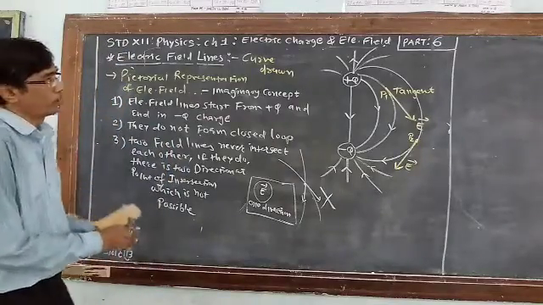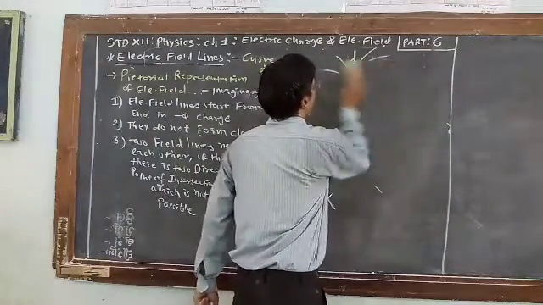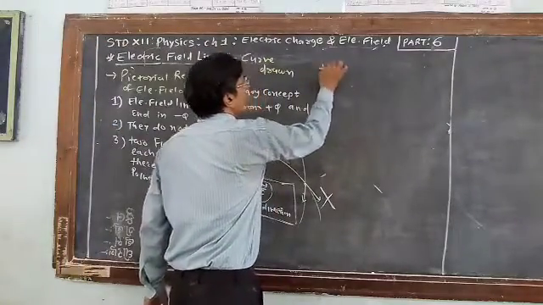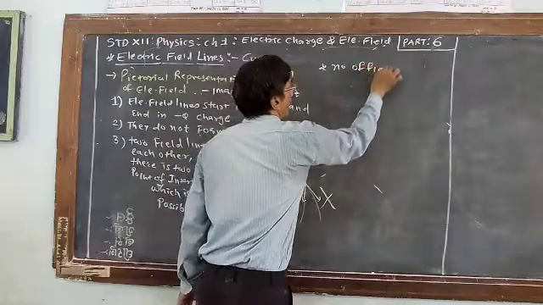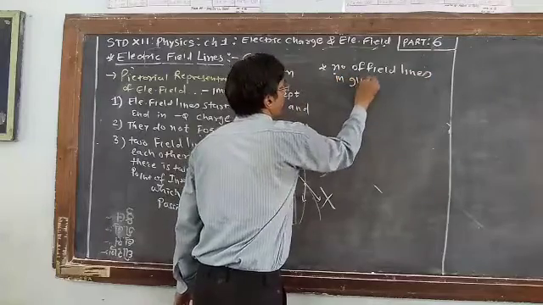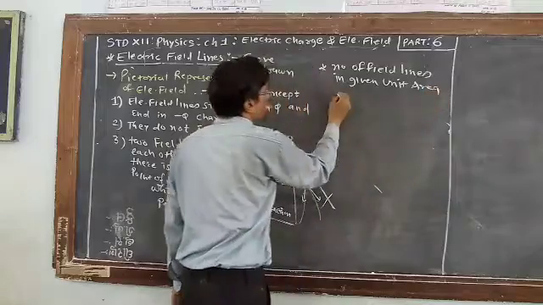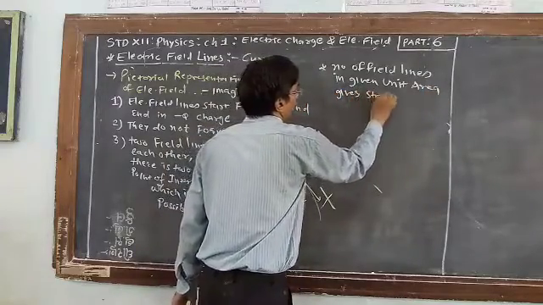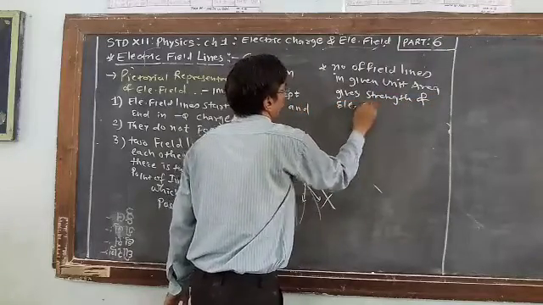Fourth point about the electric field lines characteristics. The number of field lines in a given unit area gives the strength of the electric field.